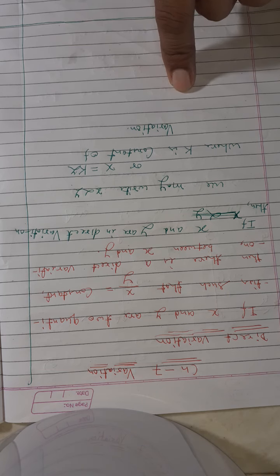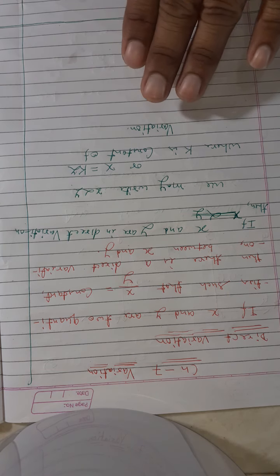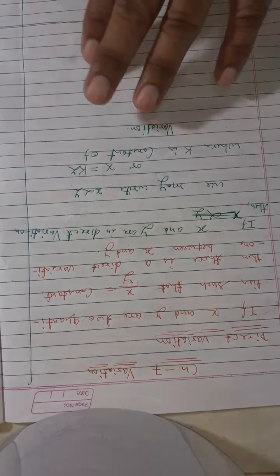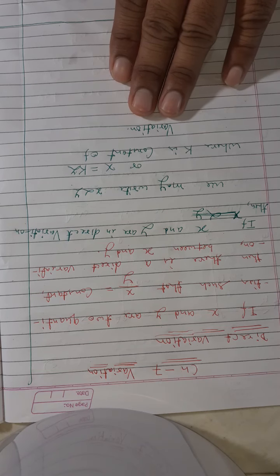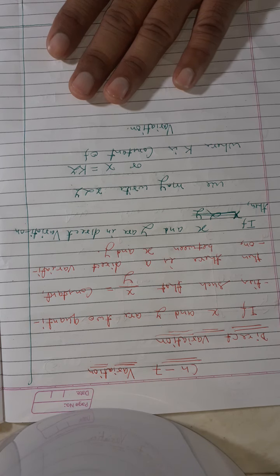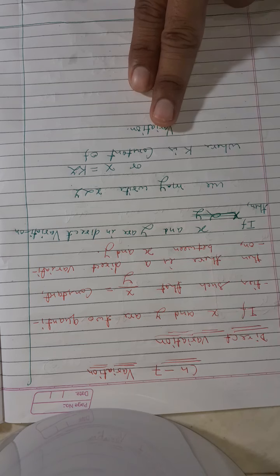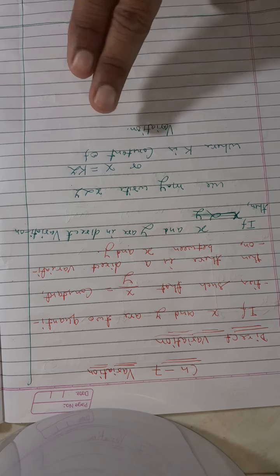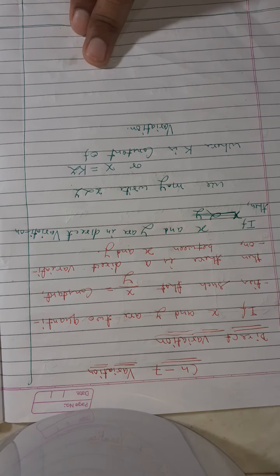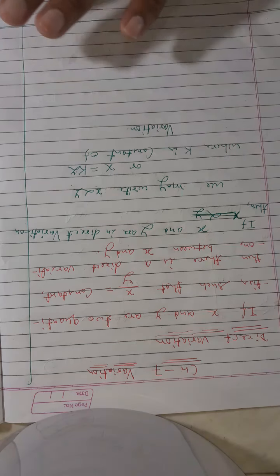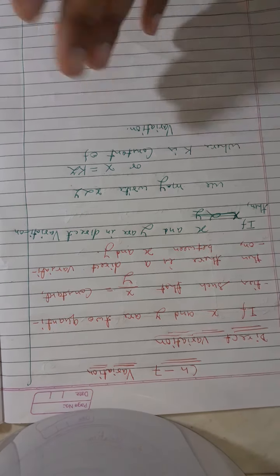Definitely you can say that here cost and number of pens both are in direct proportion, because if the number of pens is increasing, then its cost will also increase. 2 pens will be less money, and if more pens, means 4 pens, then more money, more cost will be there. So you understood what is direct proportion?